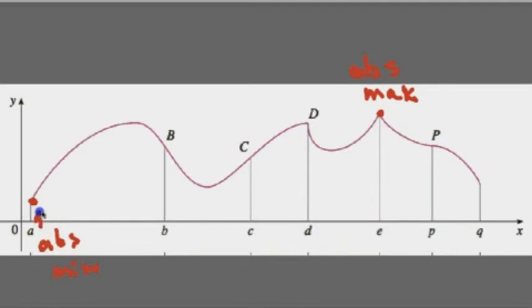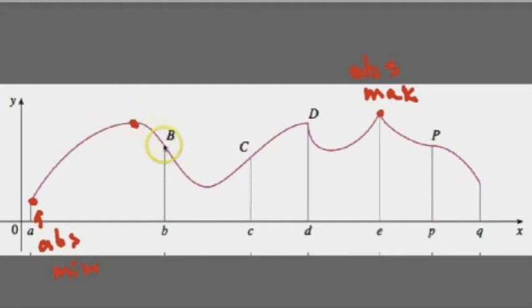Now, because the definition of a relative or local maximum and minimum states just when x is near that c, which we're going to call a critical value, and I'll define that later on, we can have multiple of these local extrema in a function. So this is a local maximum right there at the top of that curve.